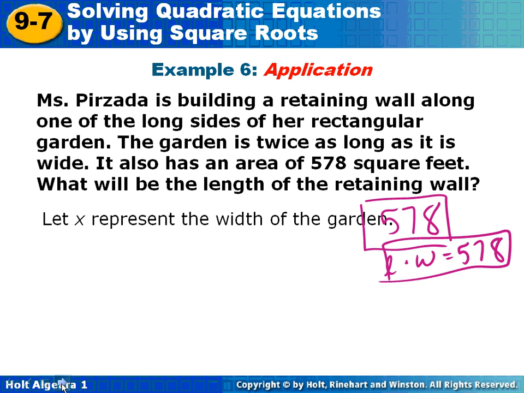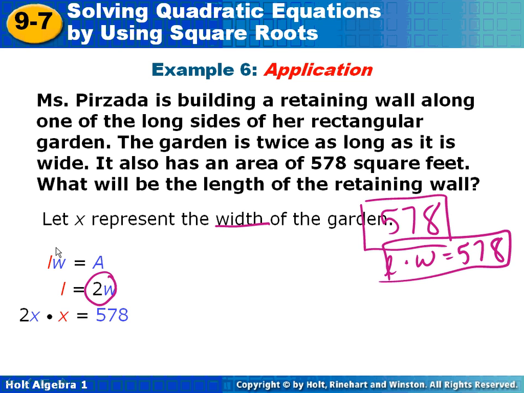So x is going to represent the width of the garden. My length times width is equal to the area. And we know that the length is twice the width. So the length is longer, the width is not quite as long.